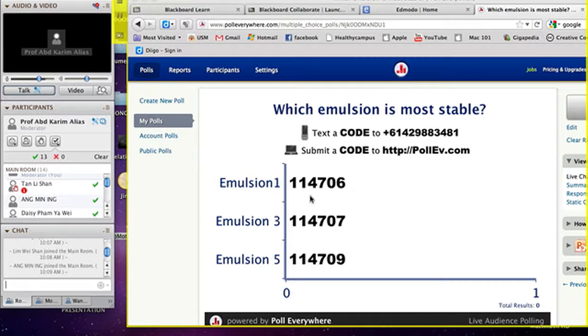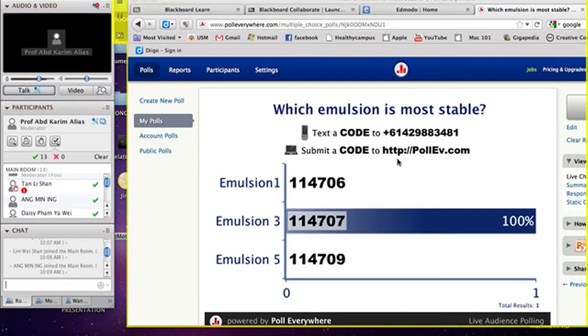Maybe you don't remember now which one is emulsion 1, which one is emulsion 3, and which one is emulsion 5. But please note down the answer and the code, and note down the address of the website. This is where you will submit the answer. You don't have to use the handphone, but you can submit the answer through the web page here. Okay.